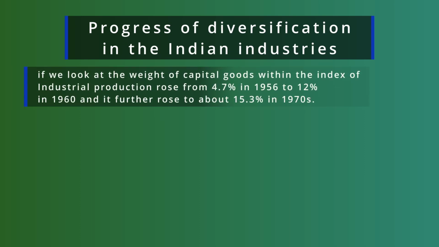For example, if we look at the weight of capital goods within the index of industrial production, it rose from 4.7% in 1956 to about 12% in the 1960s, and then further to about 15.3% in the 1970s.